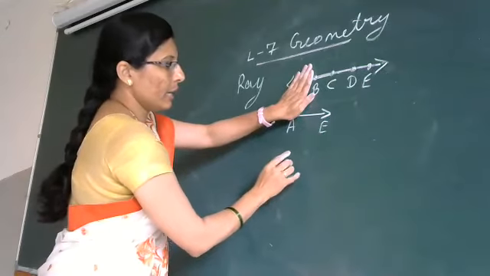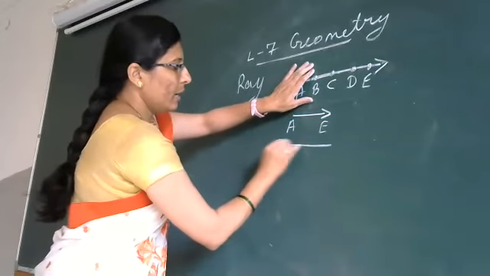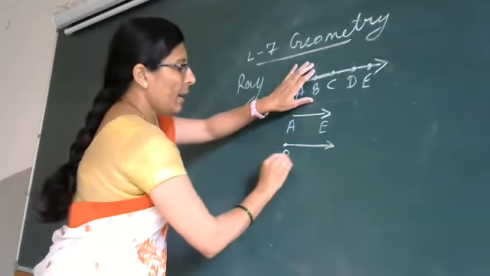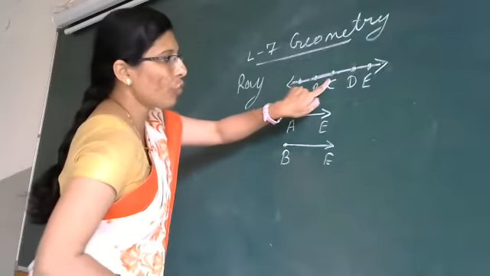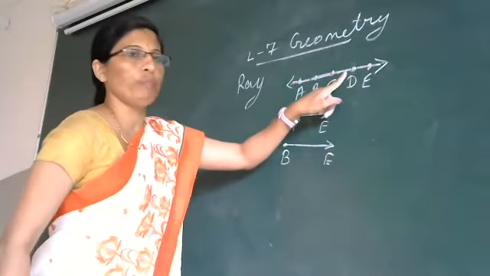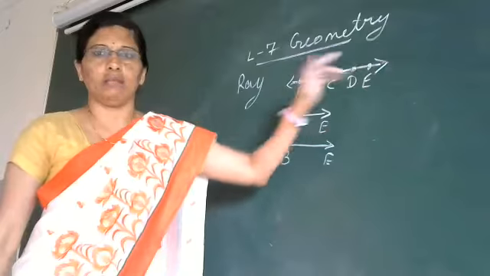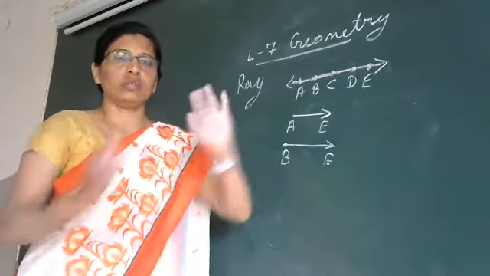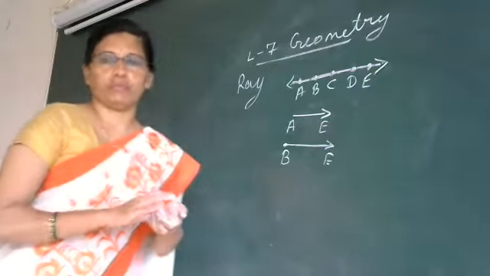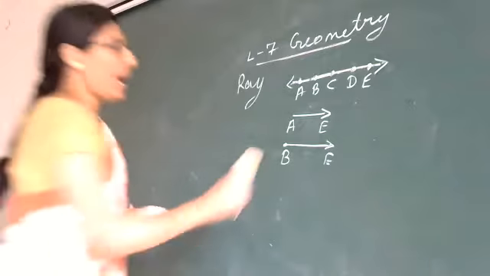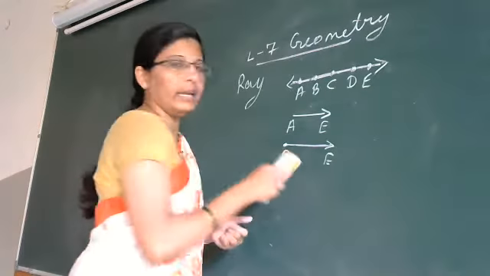If I remove from B, it will be ray BE. If I remove from C, CE. If I remove from D, it is DE. So that part will be removed. It is named like this, ray AE.